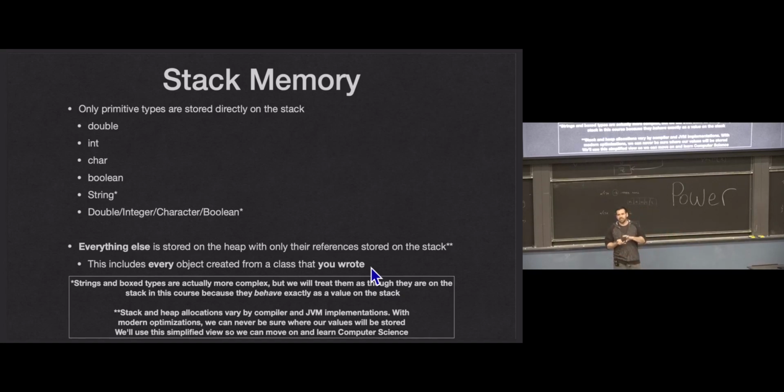This includes array list, hash map that we saw already, and every single class that you write. Objects of those types are stored on the heap as objects, and then we only store references to those objects in our variables.